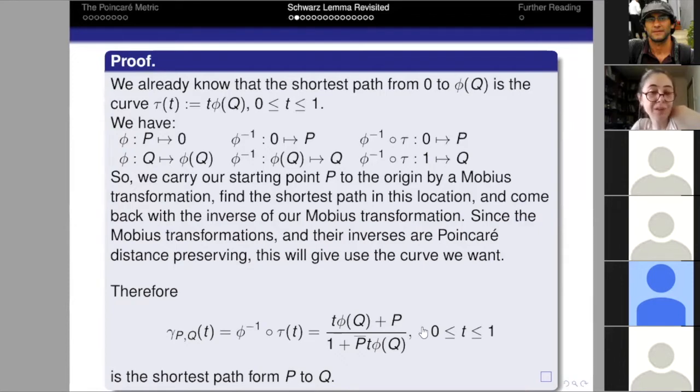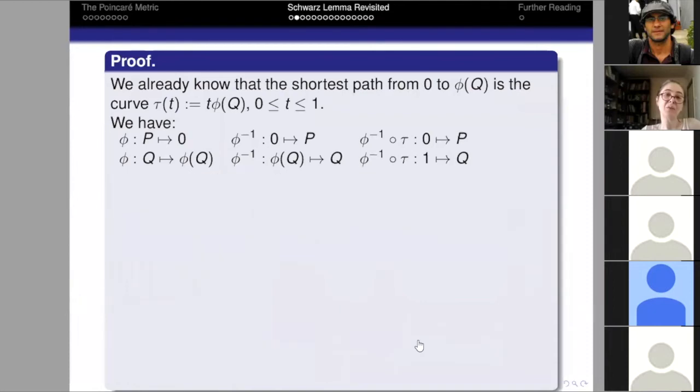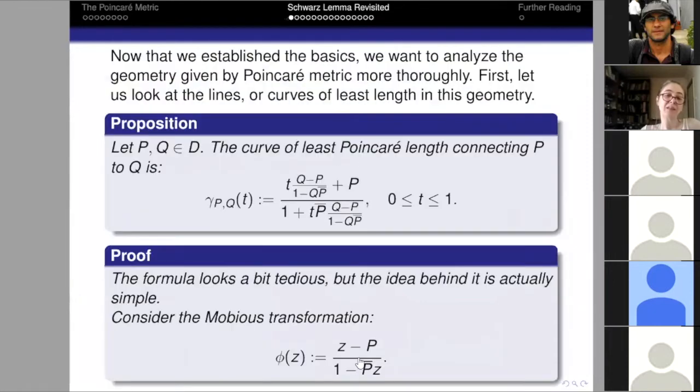So the curve we want, we can find it in this way. So the curve is actually inverse of phi composed with tau t, and now you write it in the equation explicitly, you get the formula given by this long function.